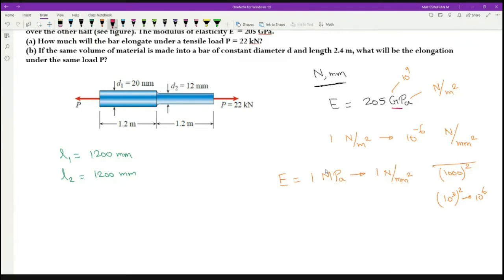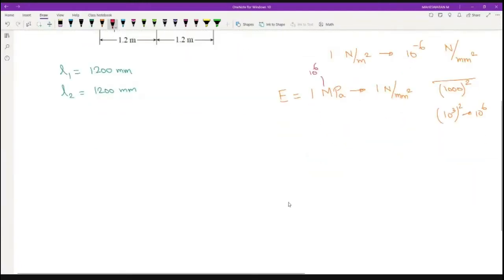What is mega? Mega is 10 power 6, which means your E, I can write it as 205 into giga. Giga, I write as 10 power 3 into 10 power 6 Pascal.